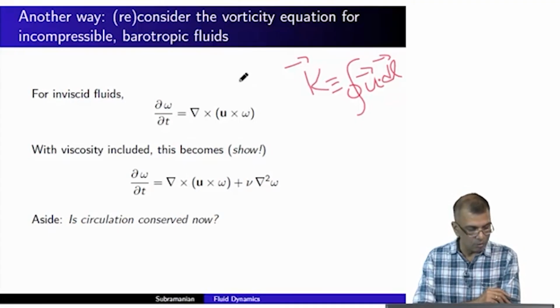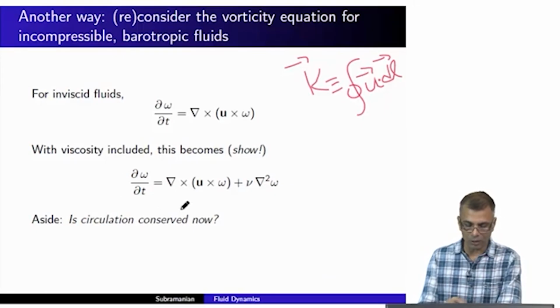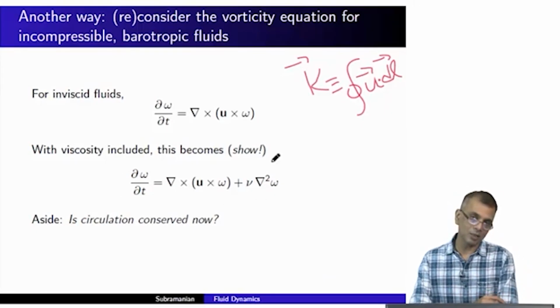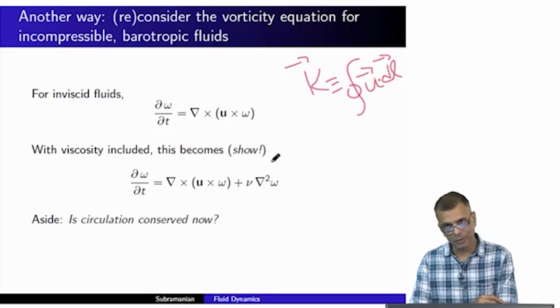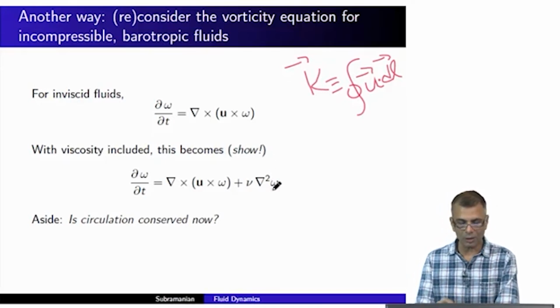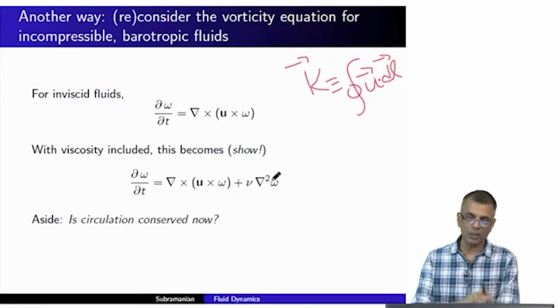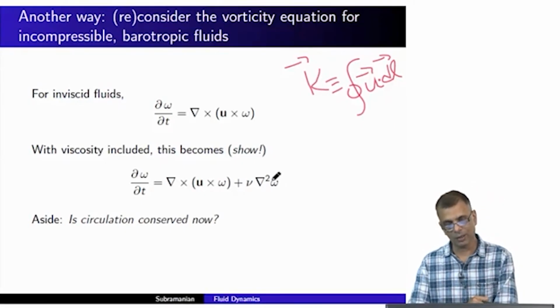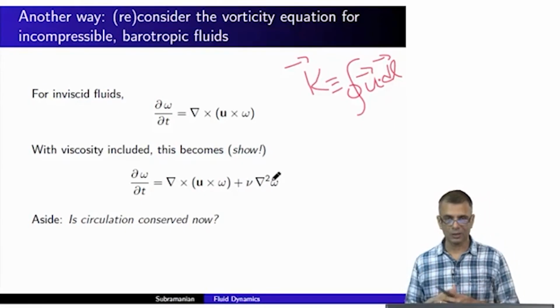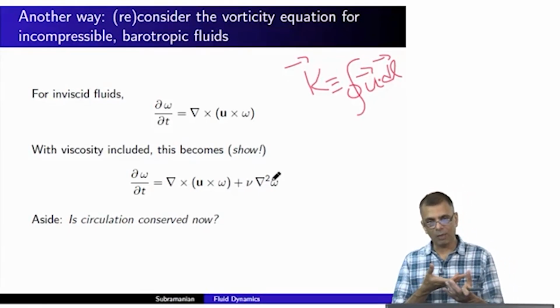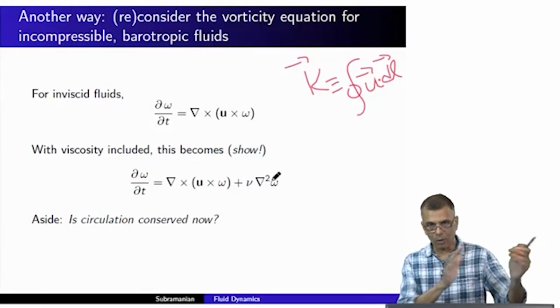I would like you to think about whether the circulation will be conserved in this situation now. Okay, I will tell you the answer: no. Circulation is not conserved when viscosity is included. Circulation can be created or destroyed. Okay, and we also talked about situations such as aiming a hose of water at a wall.